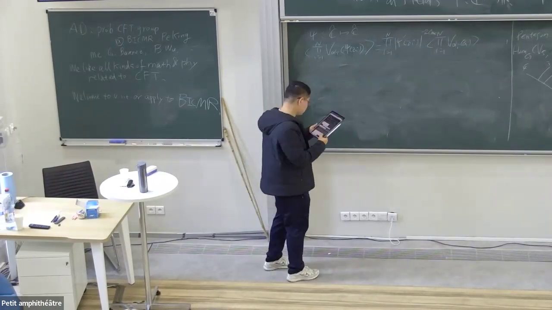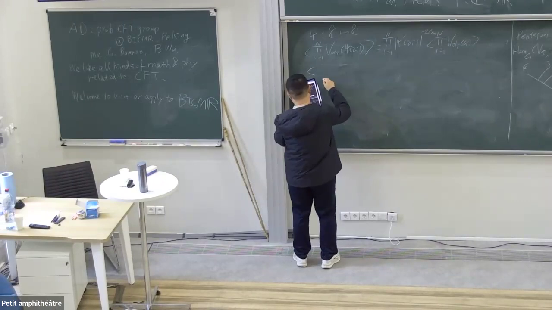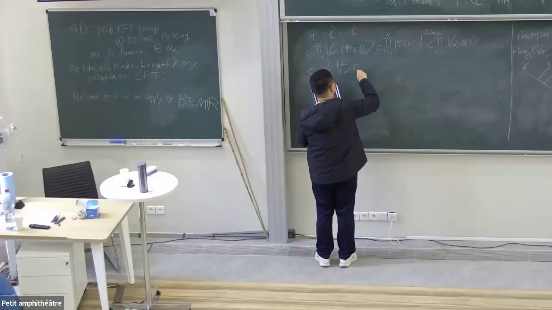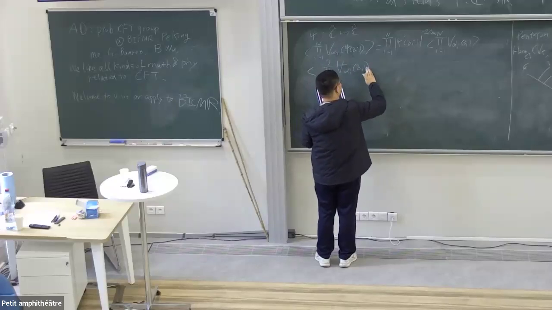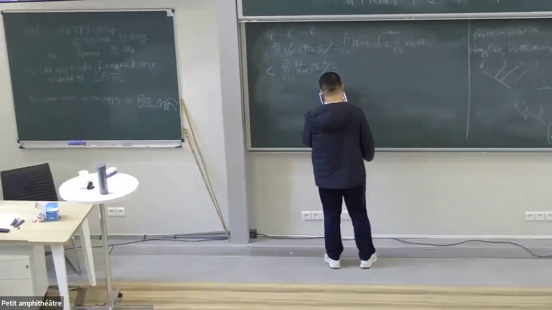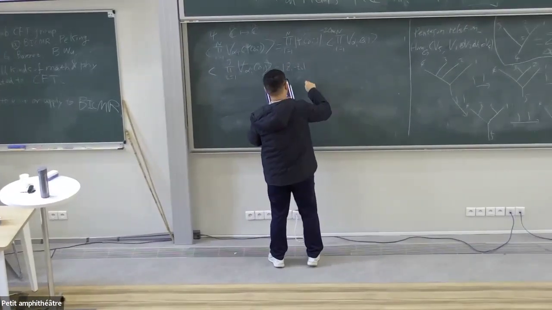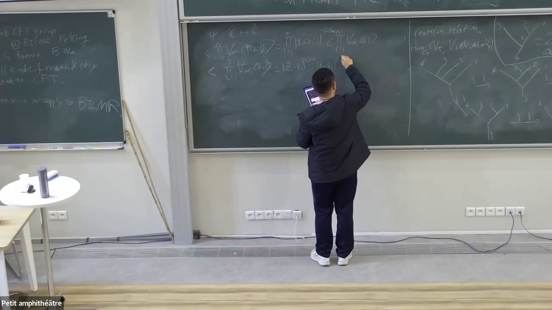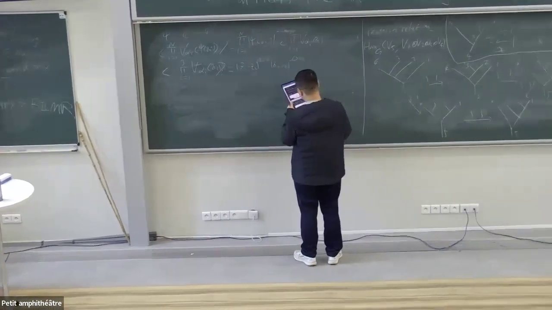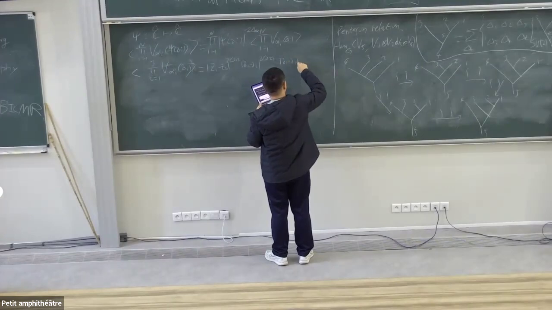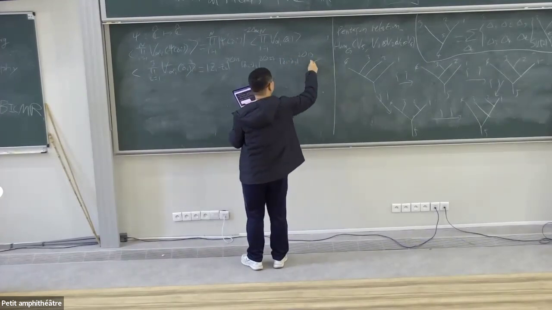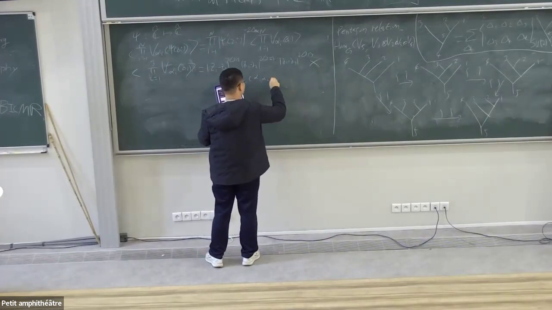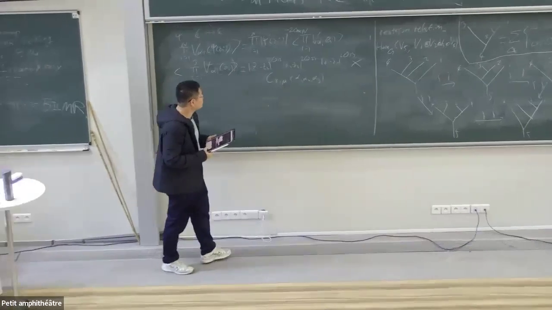And this means that the 3-point function has the following form. It can be written in the following form.